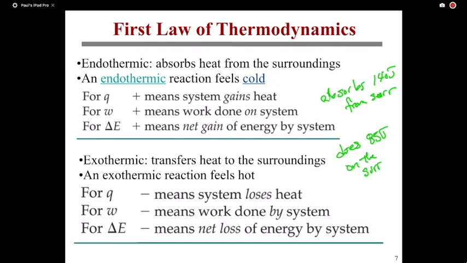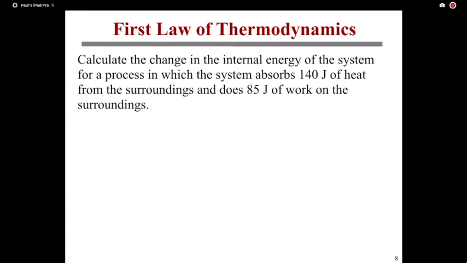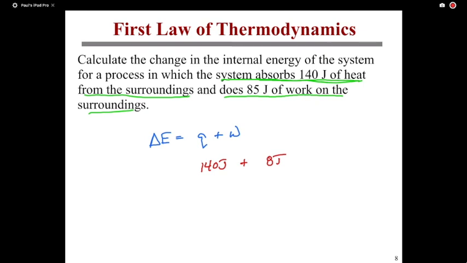Okay, I'll help you out here. Change in energy. This number goes right here, joules. This number goes right here. No, that's not that number. That number goes right there.